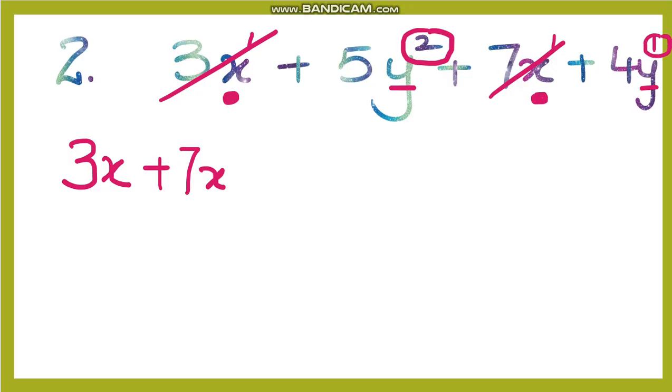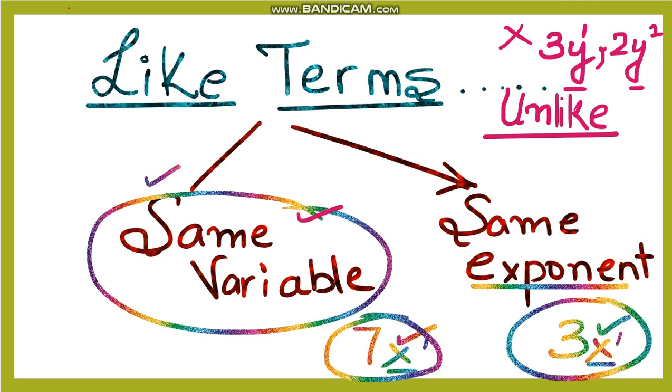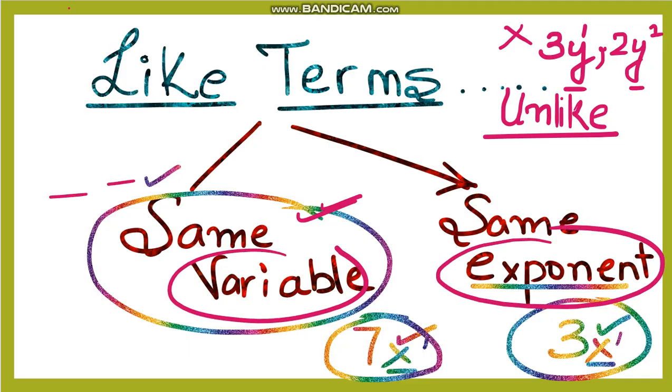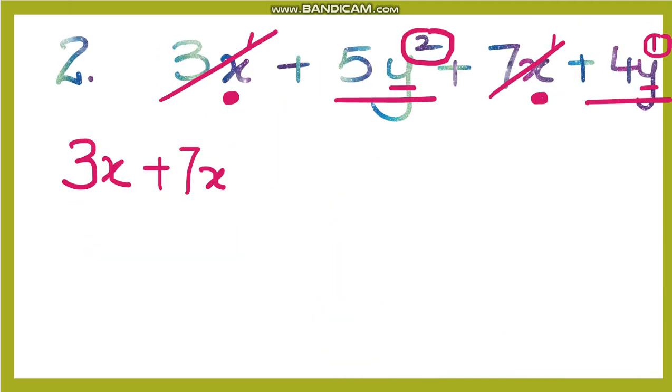Are these like terms? No. Because once again, what are the two criteria for like terms? They should have the same variable and the same exponents. The two y terms definitely had the same variable. However, the exponents were not the same.